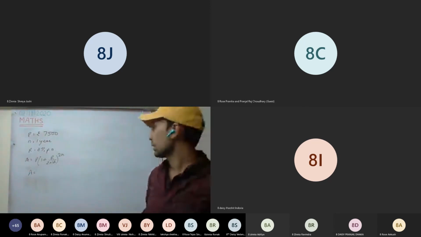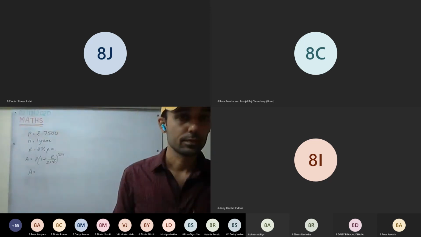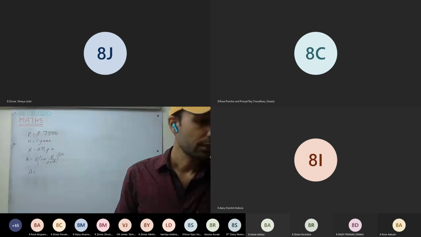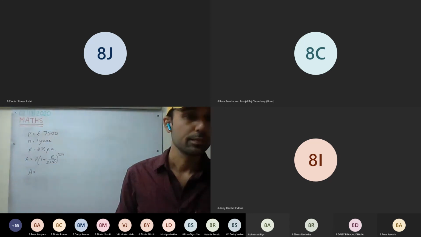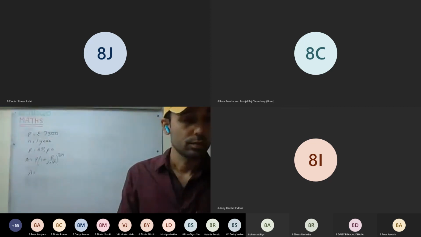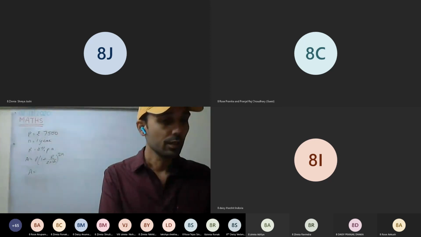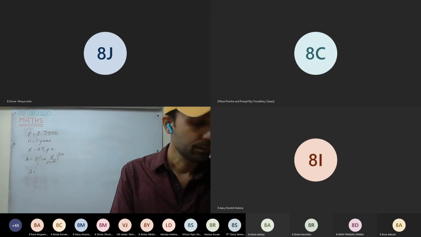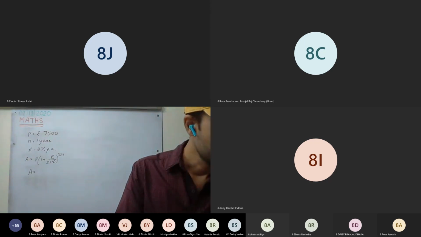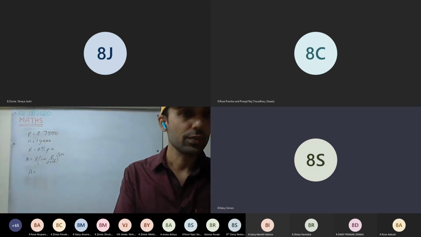Keep solving the other questions. We have discussed all the questions, so you can solve up to 16th question. If you have solved this one, you can start the revision exercise. Sir, in revision exercise, do we have to do all questions?